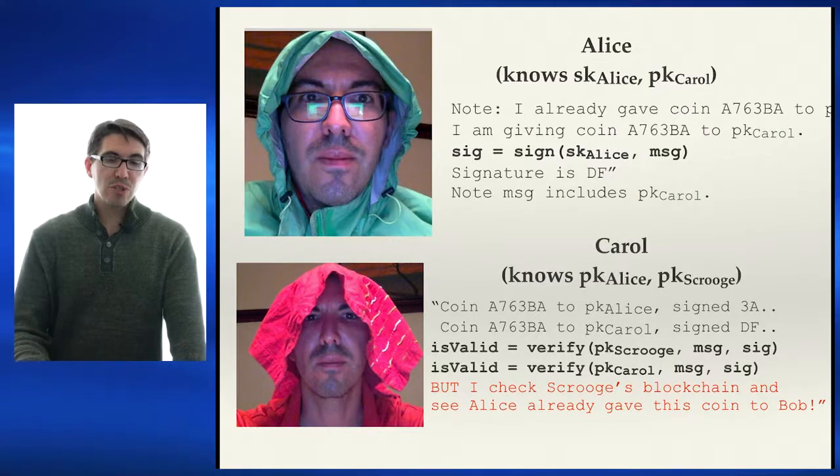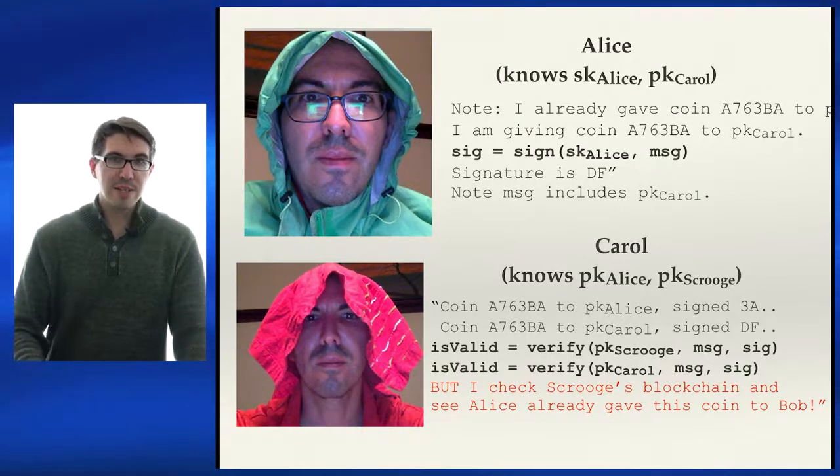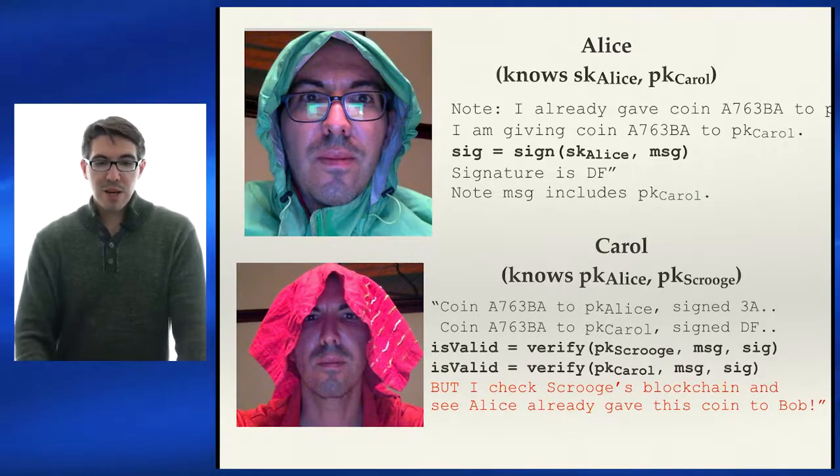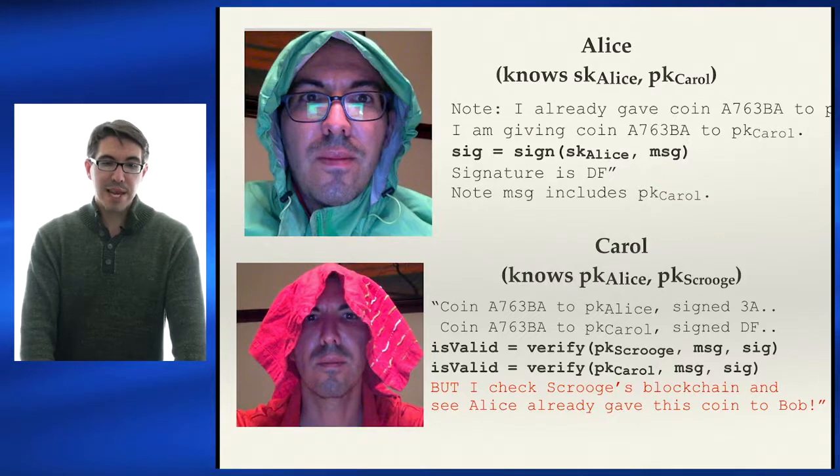However, she checks Scrooge's blockchain and Alice no longer has possession of this coin. She's already sent it to Bob. So here, by having a centralized ledger, we can avoid the double spend attack. So this is great. We now have a cryptographically secured currency, and we have a way of avoiding double spend attacks.